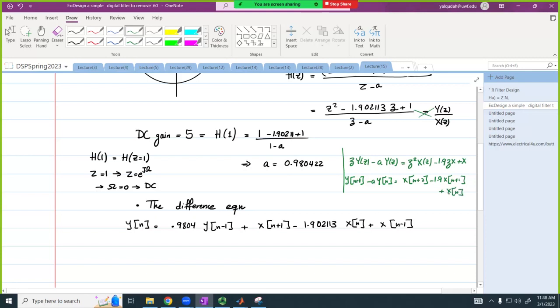I'm going to move the a multiplied by y of n to the other side, and then shift everything by 1. So I'm going to get y of n equal to a multiplied by y of n minus 1 plus x of n plus 1 minus 1.9 x of n plus x of n minus 1. Make sense? Yeah. Okay.